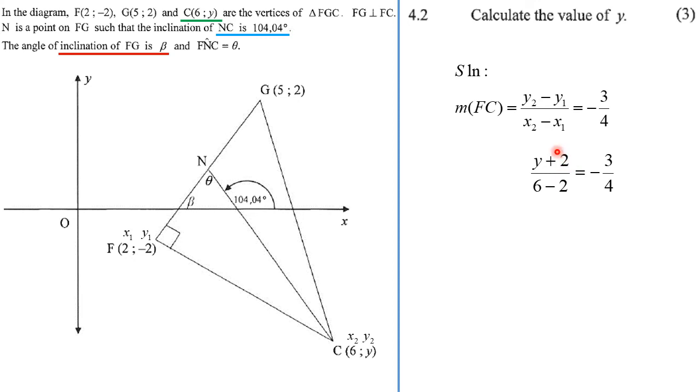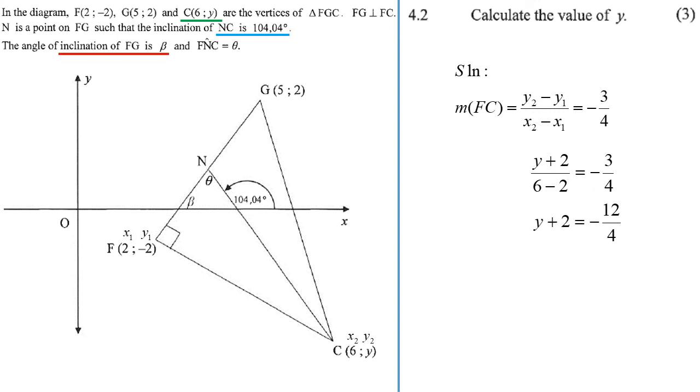Then x2 is 6, and then minus x1, which is 2. This is equal to this. Now 6 minus 2 is 4. Then you can cross multiply. 4 multiplied by -3 is -12. -12 divided by 4 is -3. You can play your maths there.